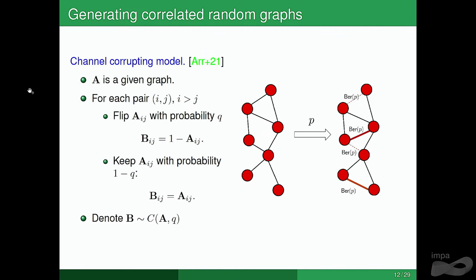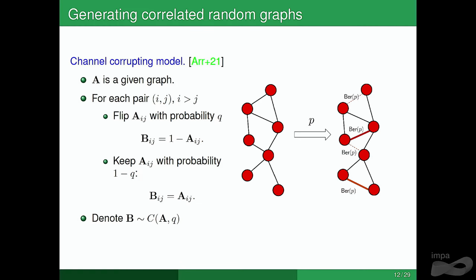We're just going to flip the edges of A with probability q. So basically for each pair of vertices, we're going to flip a coin. With probability q, we're going to flip the value of the edge. For example, if there's an edge, we're going to remove it. If there's no edge, we're going to add it. And with probability 1 minus q, we're going to keep A the same.